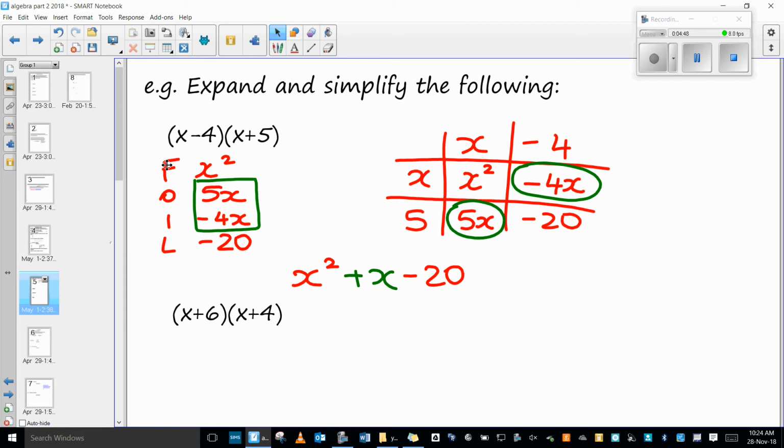Okay? How would you combine negative 4x and 5x? Remember, we're combining them, so we're adding them together. So we're having 5x plus negative 4x. We join them together and just get 1. You've got 5 and you're taking away 4.